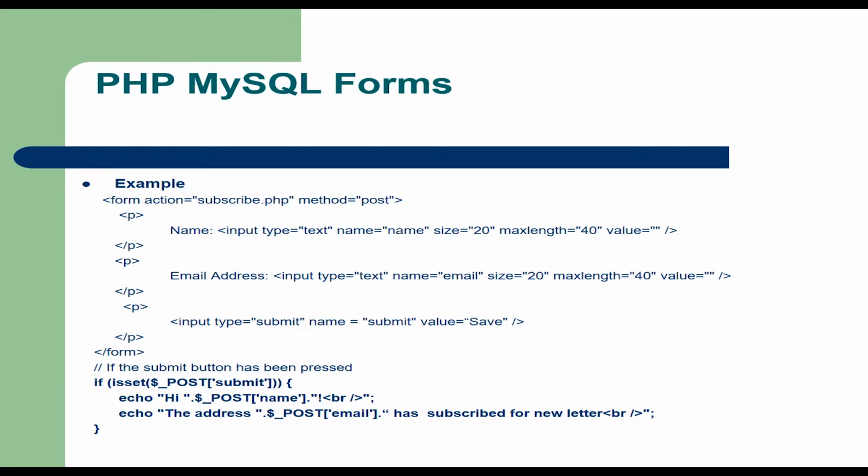Inside this if block, we print the name of the user by using $_POST, the array brackets, and inside the array brackets we use the name key as we have used the name for our input type. And in the next line, the email address of the user is printed by using $_POST, and inside the array the email key is used as we have used for the input type equal to text.